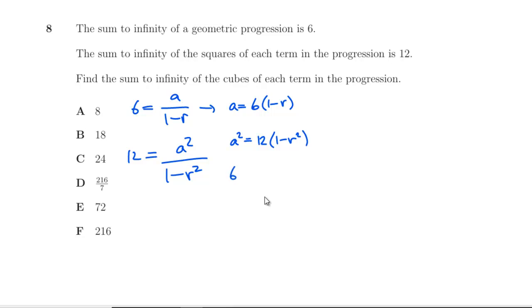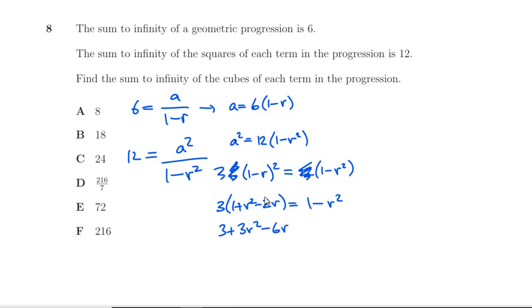So 6 squared times 1 minus r squared is 12 times 1 minus r squared. If I've got a 36 and a 12, I'll get rid of that and make this a 3. So I've got 3, 1 plus r squared minus 2r, 3 plus 3r squared minus 6r.